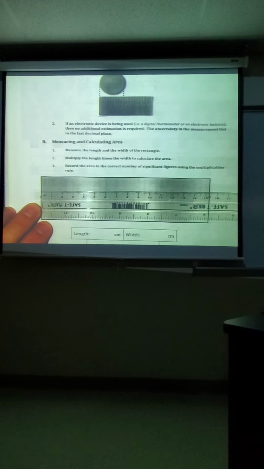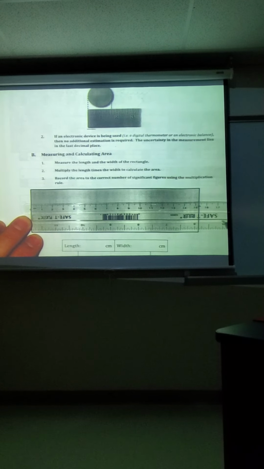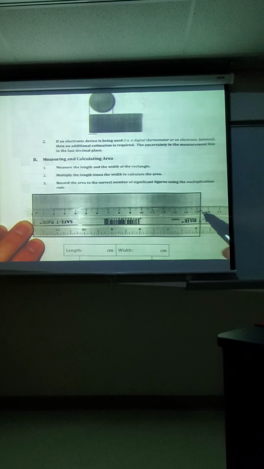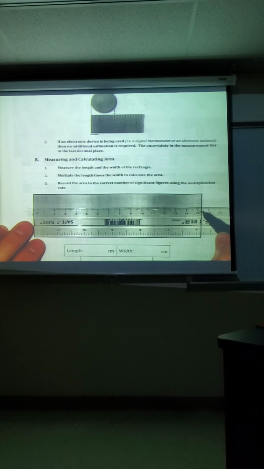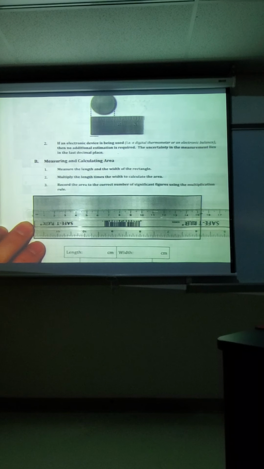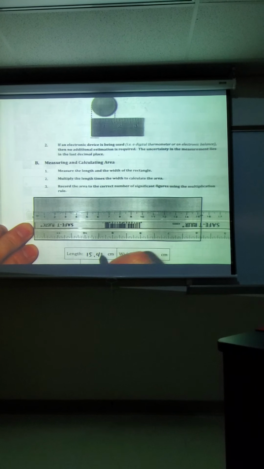So as we measure this one, we're going to be in that 15 and some change kind of idea. So notice it shows 15.1, 15.2, 15.3 roughly. And if we go to the middle of that, it's not quite to 15.4. So somewhere in there is going to be the answer. For purposes of our lab book, we're just going to use 15.40.